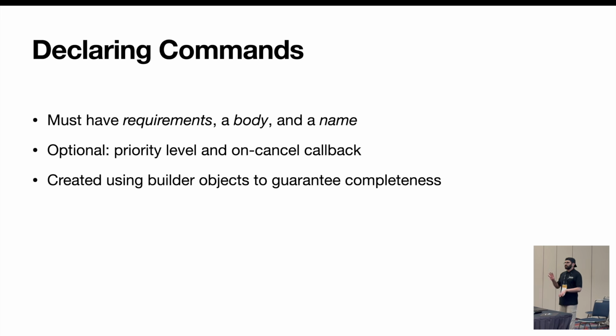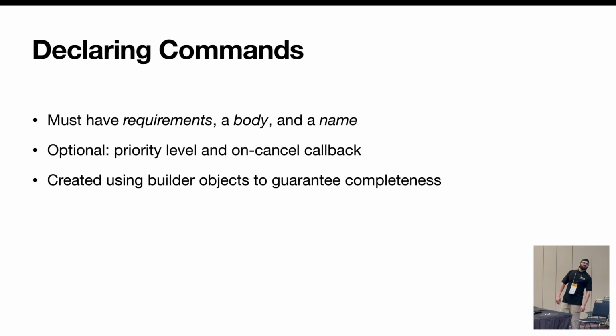I can talk about the technical reasons why this has to be done separately after, if people want, but I don't want to go on a tangent because I'm 13 minutes in and there's still a lot to talk about. The last thing is that these are created using builder objects. That's necessary so that we can guarantee that you have every required piece of your commands in place when you create them. And I see one hand up over here.